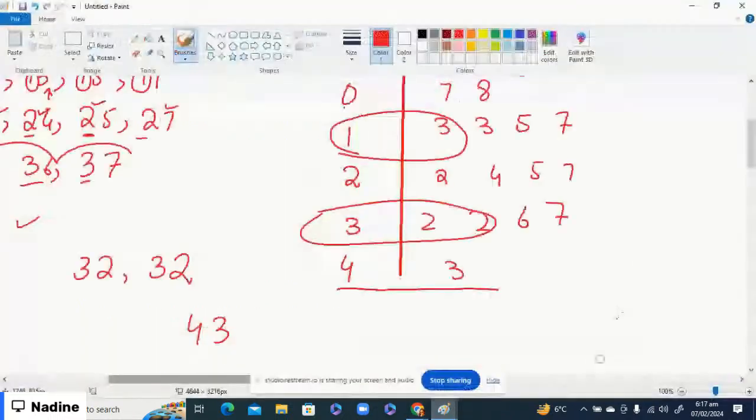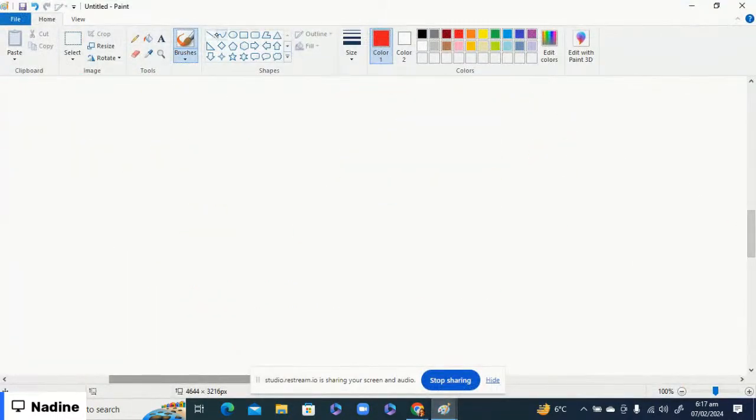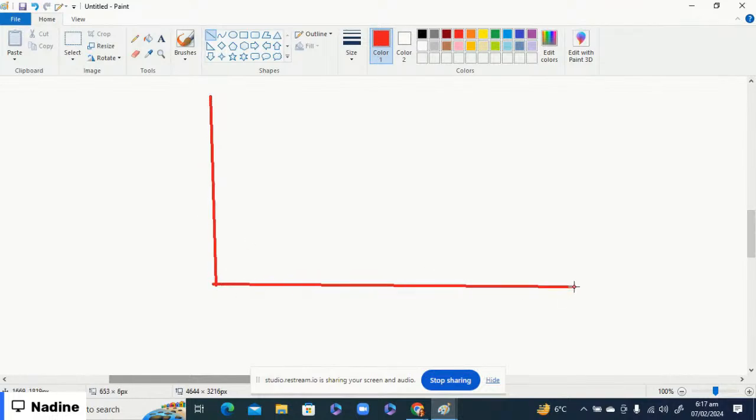Look at here. For example, this is a shape. I'm just going to draw some shapes of that.